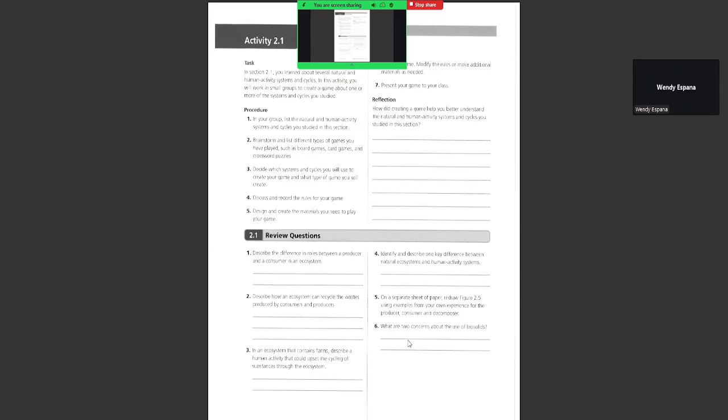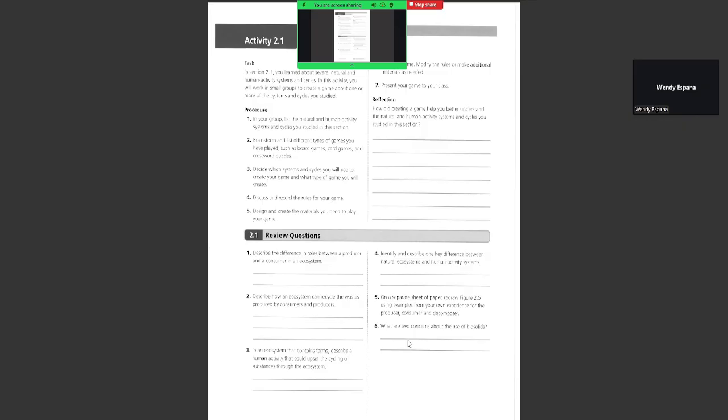So you need to come up with a difference by explaining in that same answer how natural ecosystems do a process and then how human activity systems do a process, so that you're giving me 2 points there.